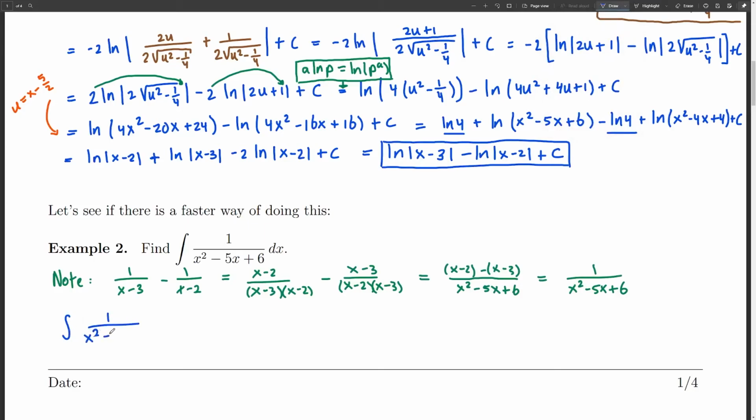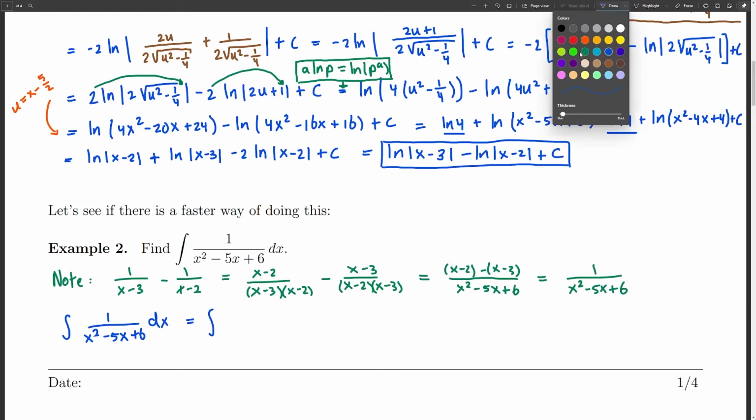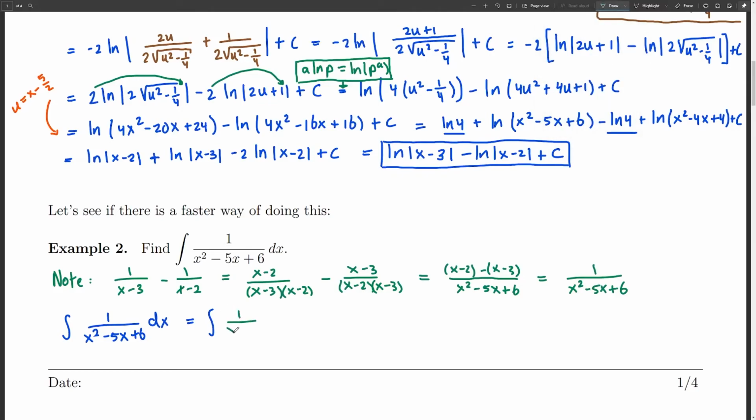But once you know this, we can actually rewrite our integral, the 1 over x squared minus 5x plus 6, as the antiderivative of 1 over x minus 3 minus 1 over x minus 2 dx.